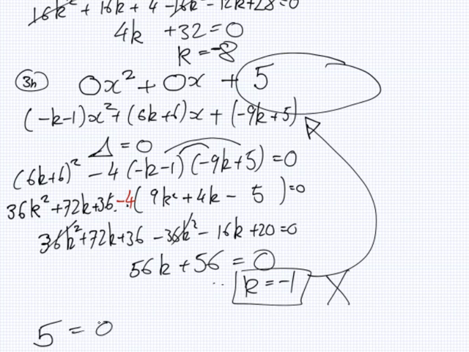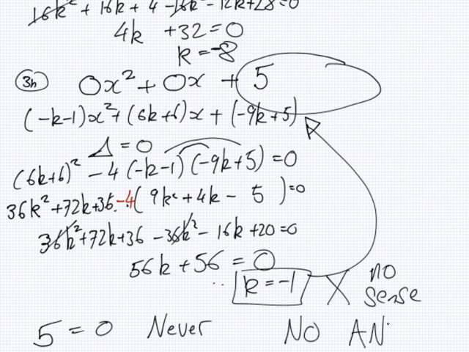When will 5 equal 0? It's not a trick. When will 5 equal 0? Never. So this answer does not make sense, because you can't have minus 1 here because the x's are gone. So there is no answer.